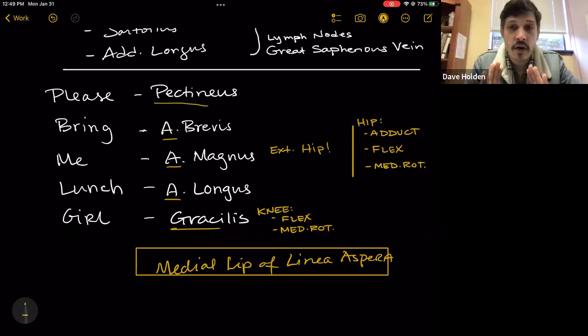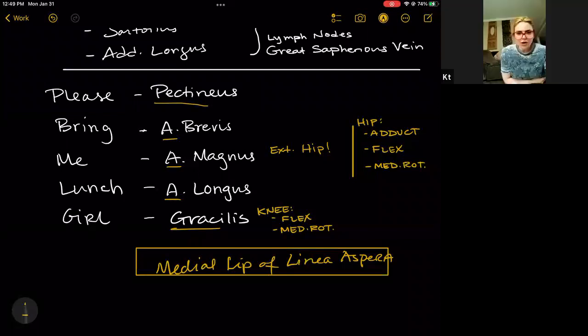Good stuff. So what about gracilis? How would I lengthen gracilis as much as I can? Lateral rotation. Extension.